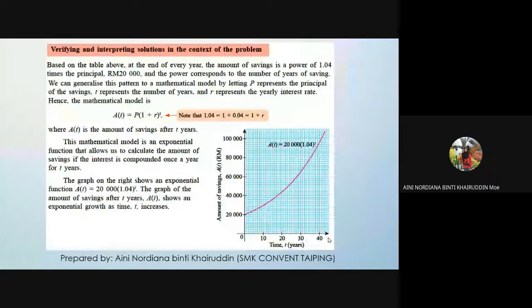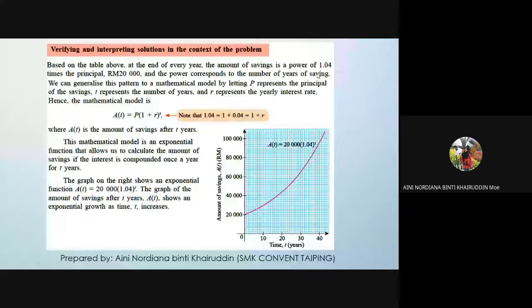Okay, verifying and interpreting solution in the context of the problem. Based on the table from the previous slide, at the end of the year, the amount of saving is a power of 1.04 times the principal, 20,000, and the power corresponds to the number of years of savings. We can generalize this pattern to a mathematical model by letting P represent the principal of the saving, T represent the number of years, and R represent the yearly interest rate.